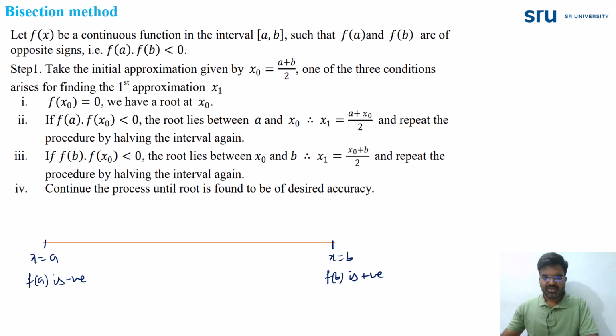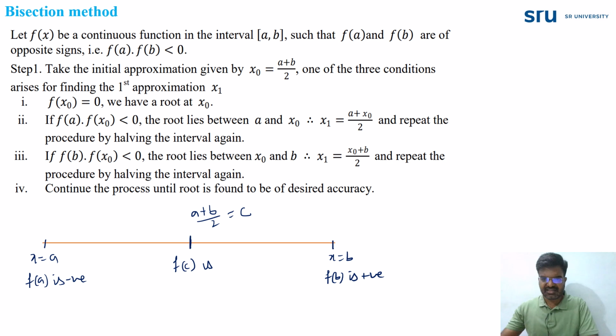Now to identify the root, we take the midpoint of this interval. The midpoint is a plus b by 2. We can take that as c. Now we have to find the functional value at c.